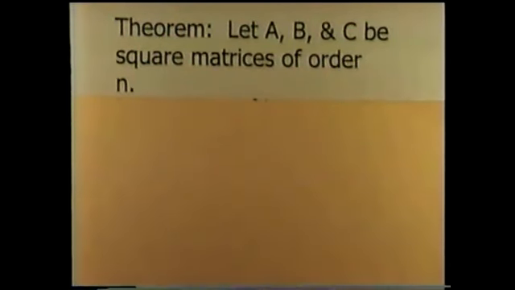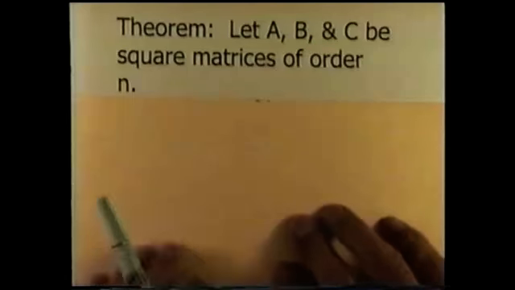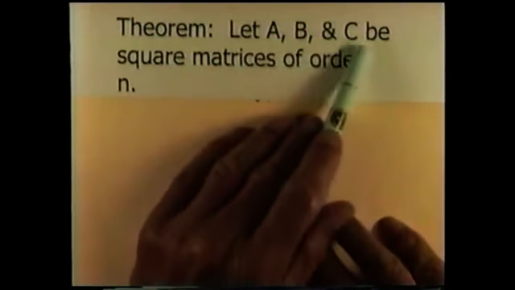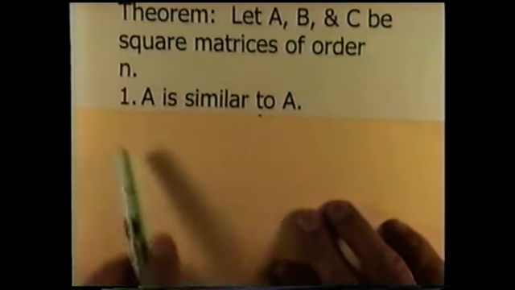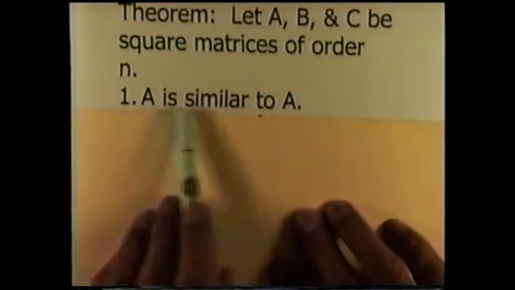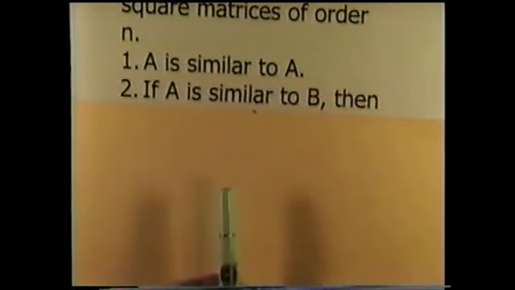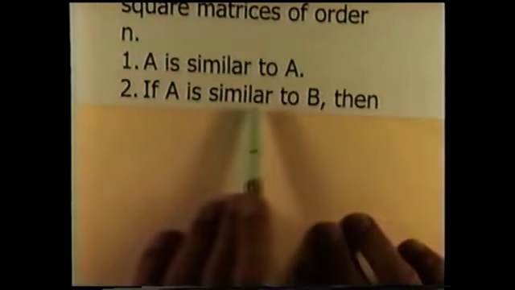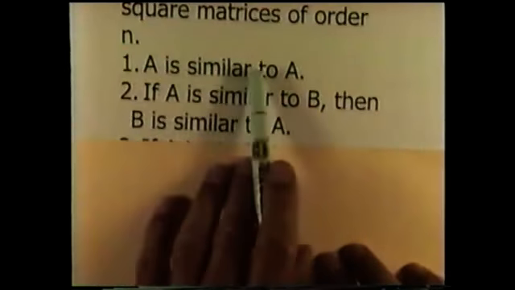Now let's look at a theorem that gives us some of the properties of similar matrices. So let A, B, and C be square matrices of order n. First property, A is similar to A. Second property, if A is similar to B, then B is similar to A. So this is kind of like the reflexive property.